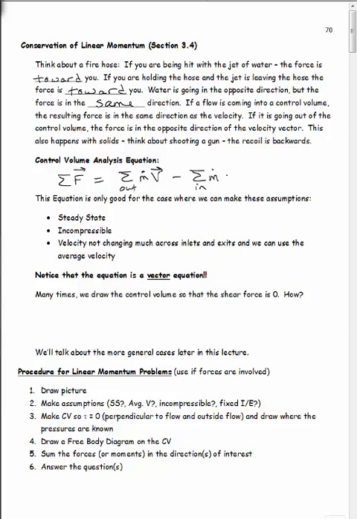Those are dots. And what that sum of the forces really is, the way this has been set up sign-wise, is the forces to keep your CV from accelerating.